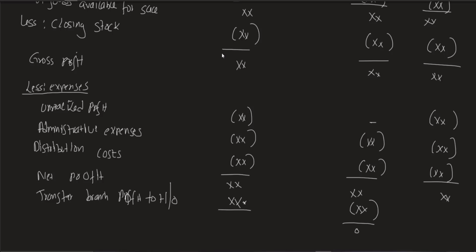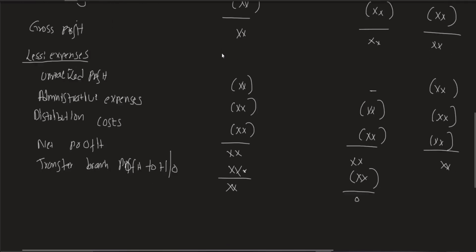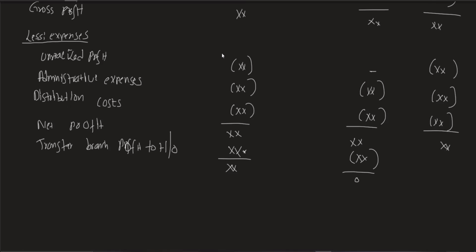We will have the profit for the organization like that. So if we less, we get nothing there, and these two figures will be equal, and that's it.